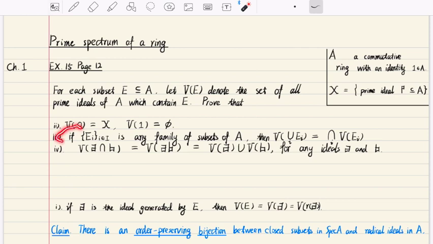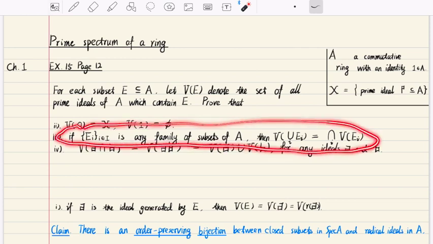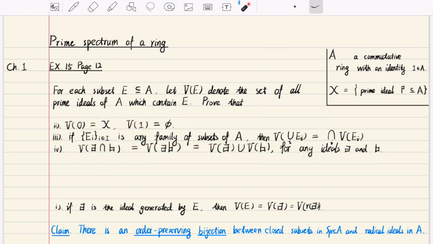The third question means that the collection of this V subset is closed with respect to the intersection of any number of this kind of V sets. And the last one means that it is closed with respect to the union of two of them.